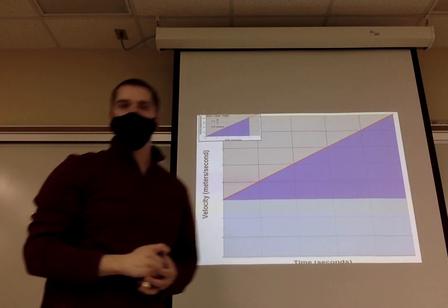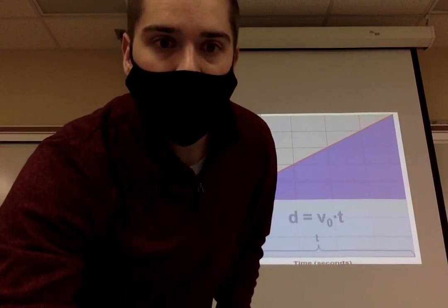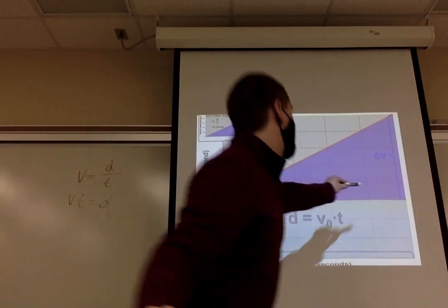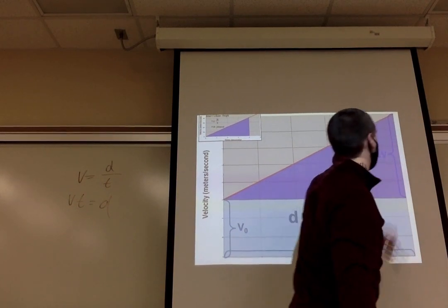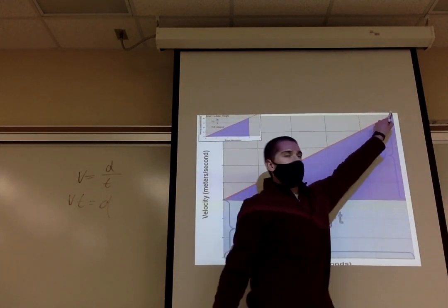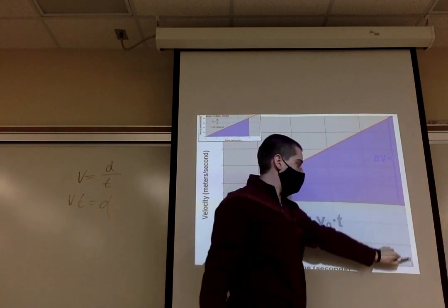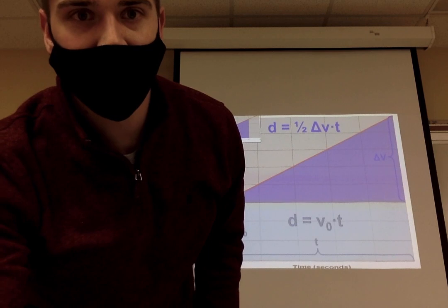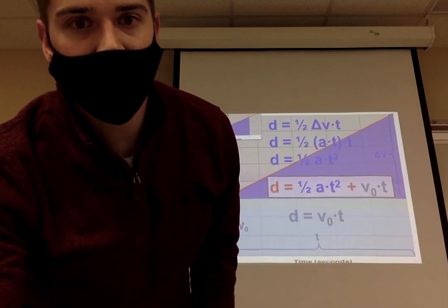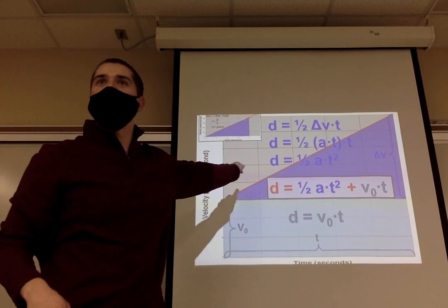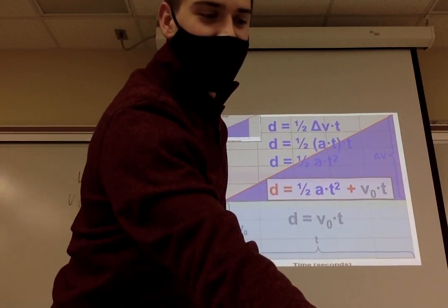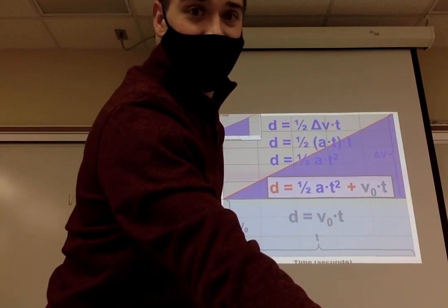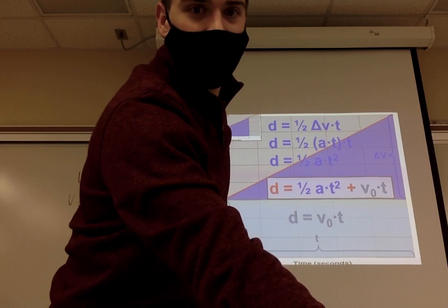Not this number, because that's here to here. That'll be another thing to keep in mind for a scenario like that. This is actually how you get one of your kinematics equations: 1/2 at squared plus v naught t. Distance is change in position. That's how you get one of the equations.